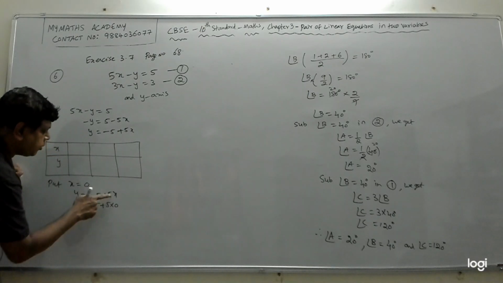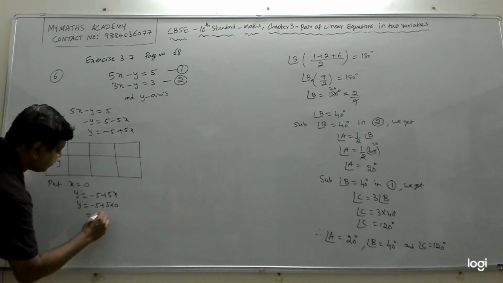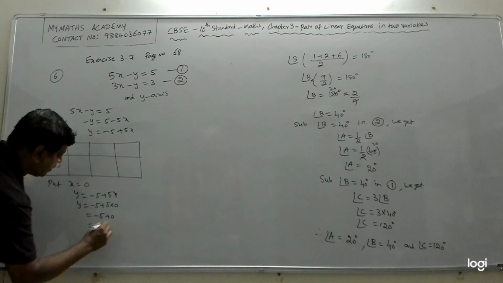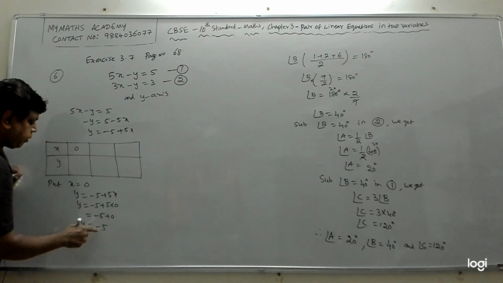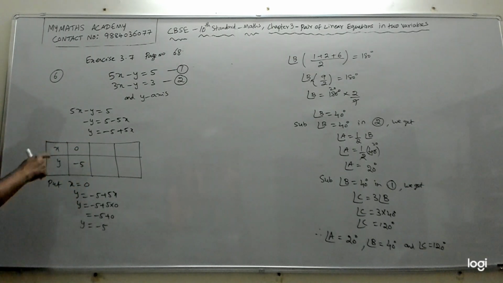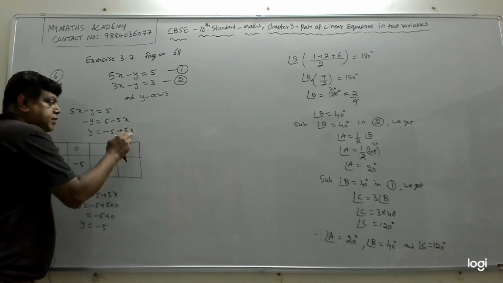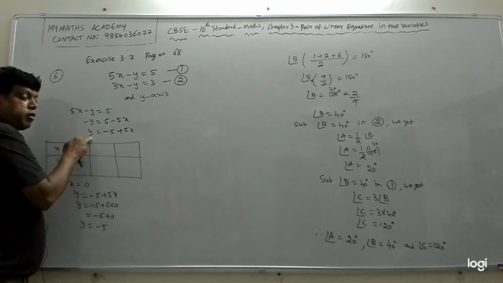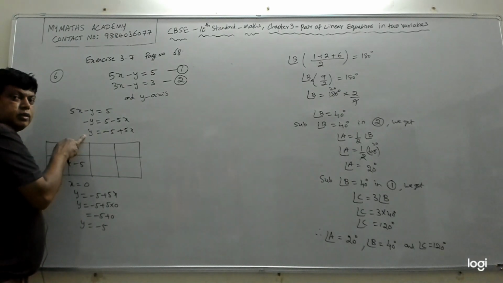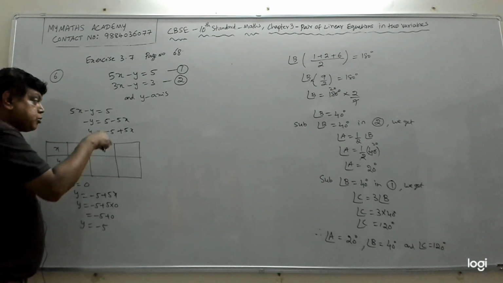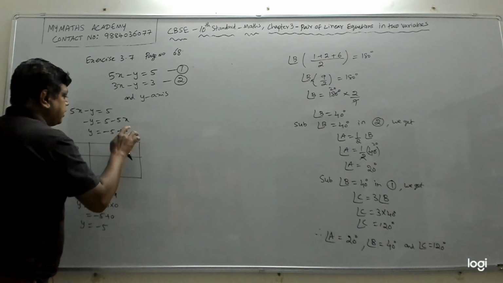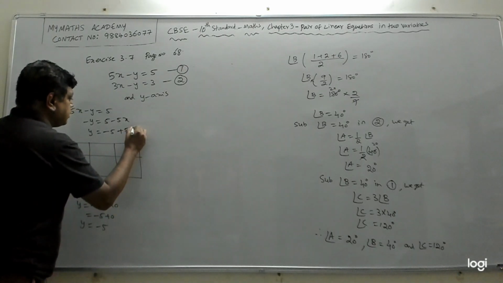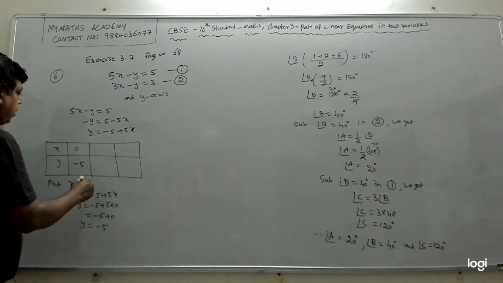In the place of x, I'm putting 0. So I will get minus 5 plus 0, which means minus 5. So when x is 0, y is minus 5. You should always substitute for the variable on the right side, which is x, not for y. Y you will get by substituting the value of x. Then we'll put another value, 1.